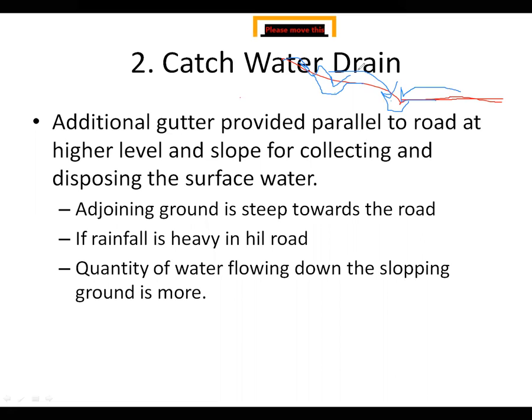First of all, it is a heavy rainfall area, so it has a much larger amount of rainwater. Another is that it is a hill area, so there are too many slopes, and slopes increase the velocity and quantity of runoff. And the last one is that the quantity of water flowing down the sloping ground is more.